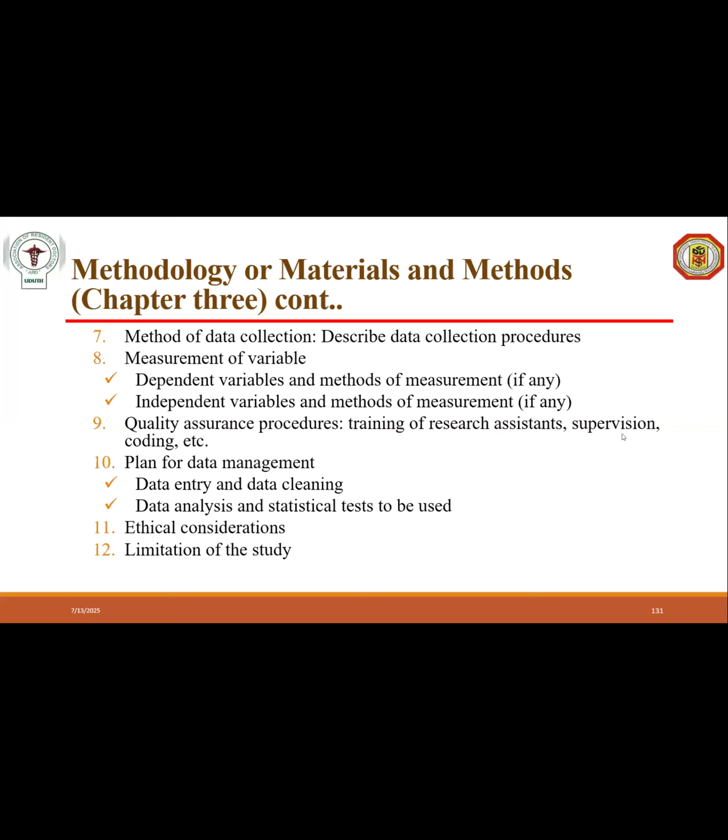You have to use the correct formula for calculating sample size. You have to use random allocation of study participants. You have to train all your workers. All these things will make sure that this data will be collected in good quality. That is where you describe it here.